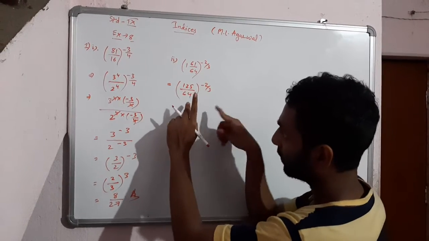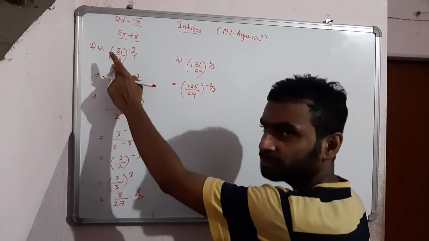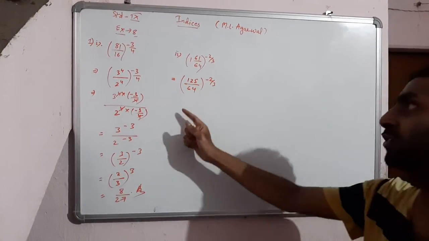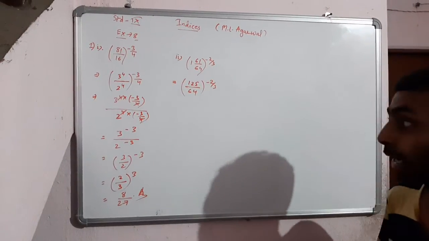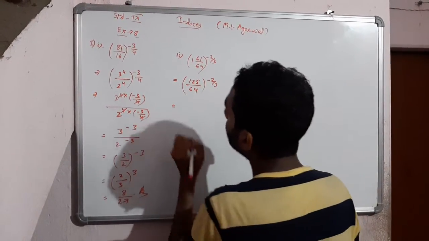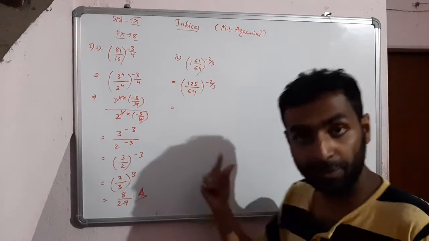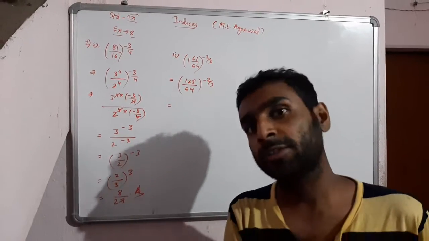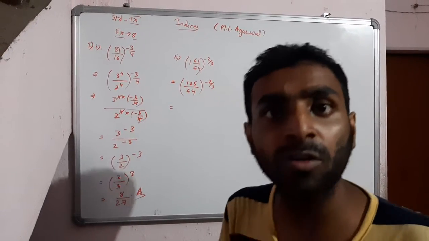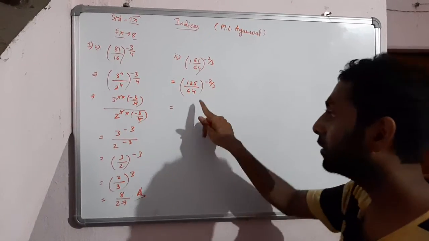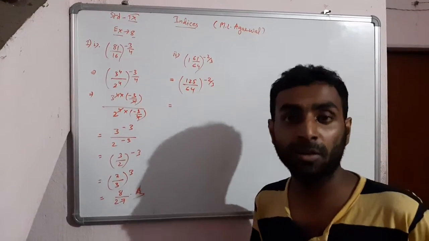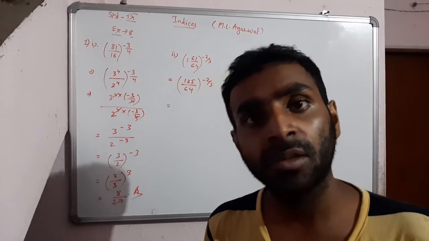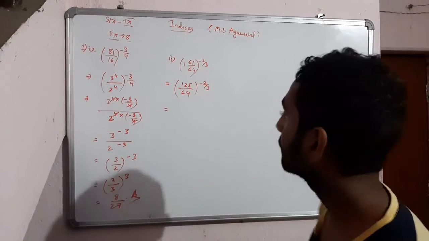Here the base is an improper fraction. What we will do is simplify it and make it exponential form. We will make the numerator 125 into exponential form, and then 64 is there in the denominator of the base, and we will convert the denominator into exponential form.